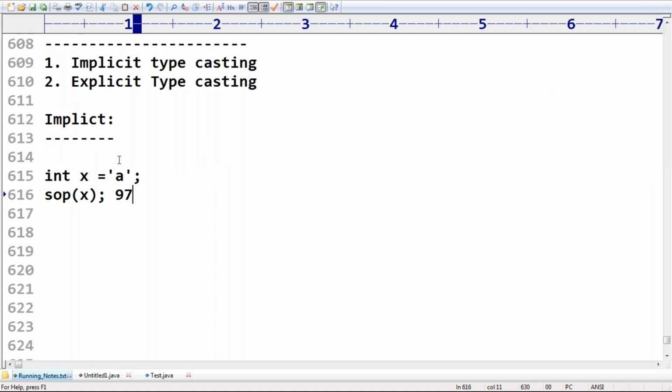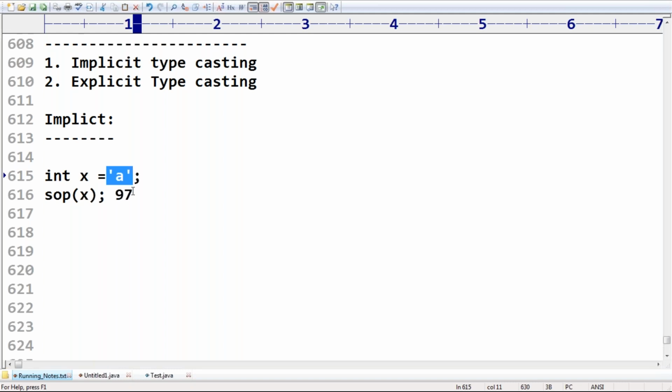Are you in a position to understand the meaning of implicit typecasting? Whenever we are assigning a smaller data type value to a bigger data type variable, the compiler says, keep the small value in the big place, no problem, I will do that. Such a thing is by default considered implicit typecasting.